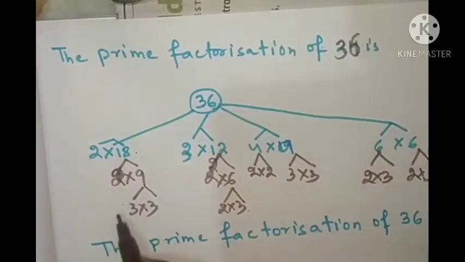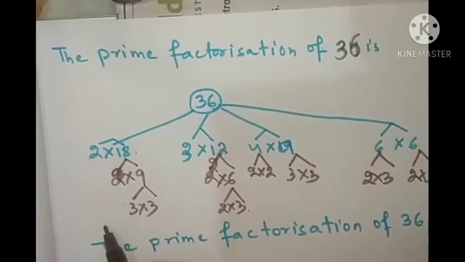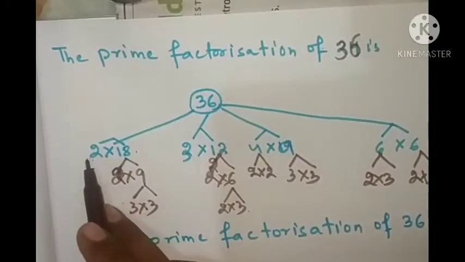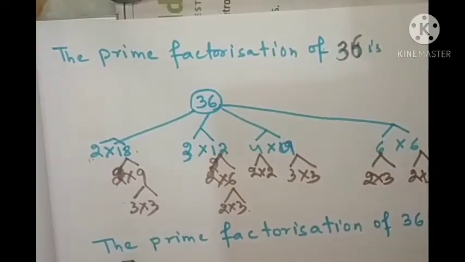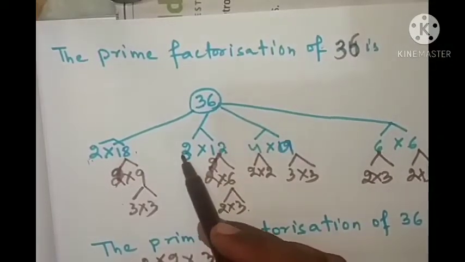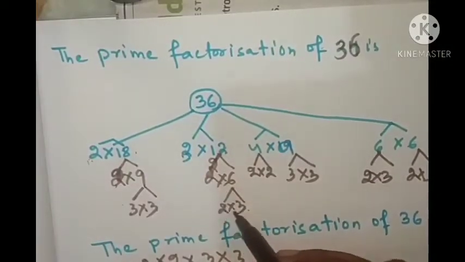So what did you get? You got 2 into 2 into 3 into 3. Here also 2 into 2 into 3 into 3.